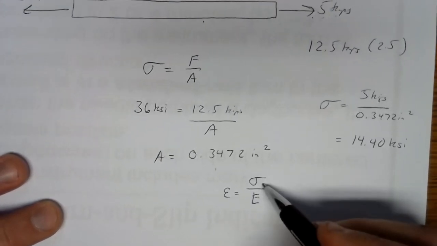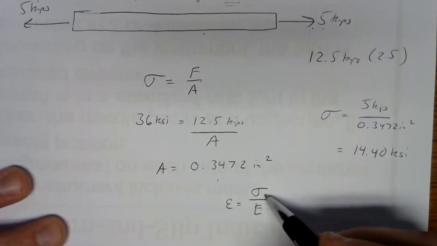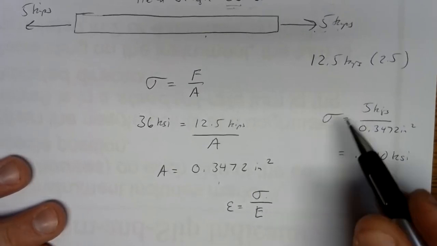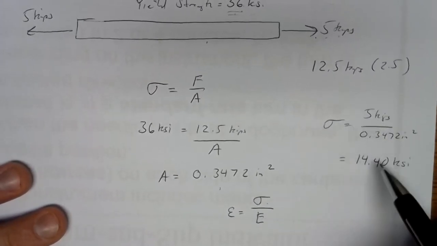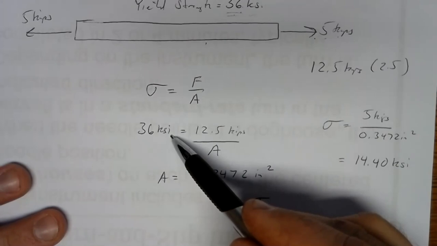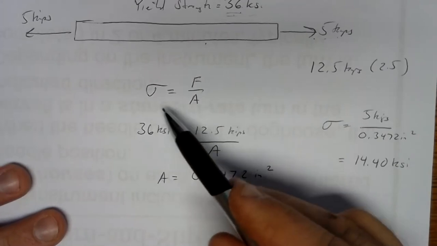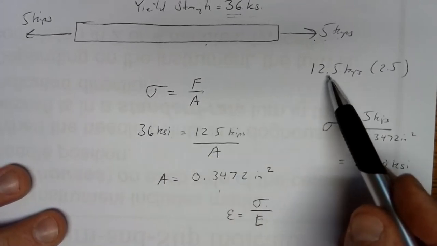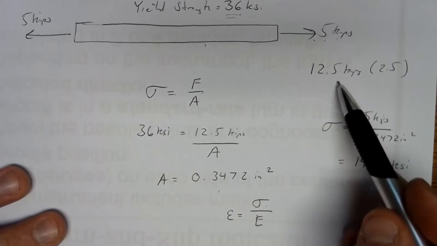Now the stress that we'd use is going to be the actual stress in the member. It would not be our ultimate stress, because applying the safety factor will keep us from ever really getting to that point unless we severely overload this member.